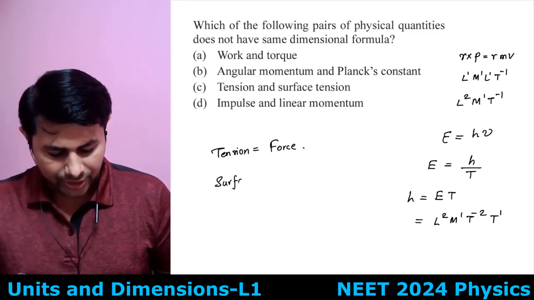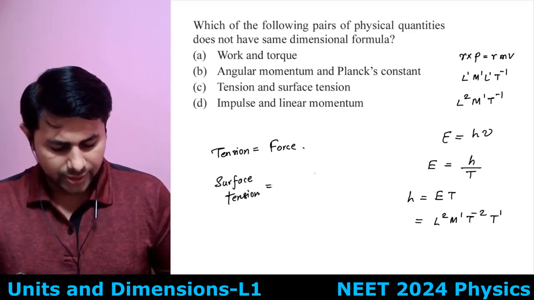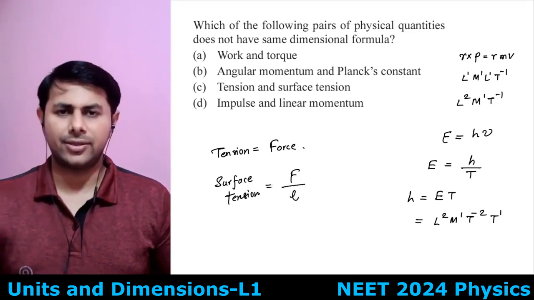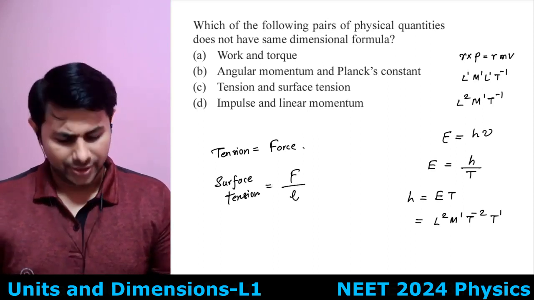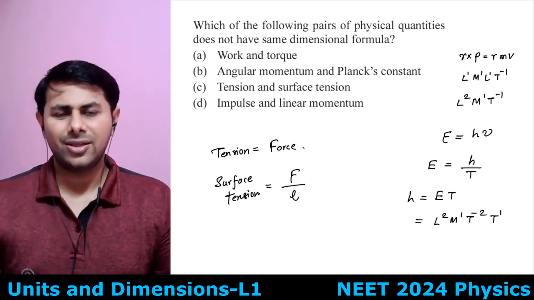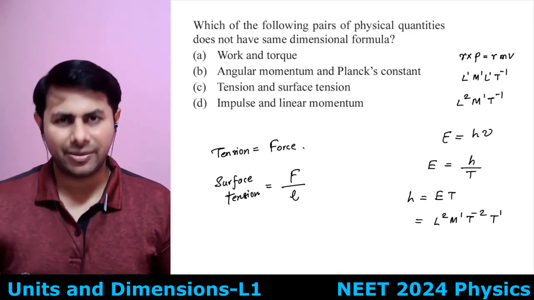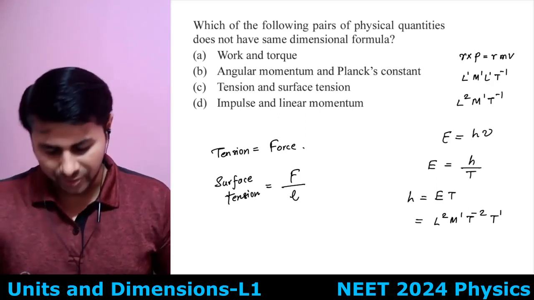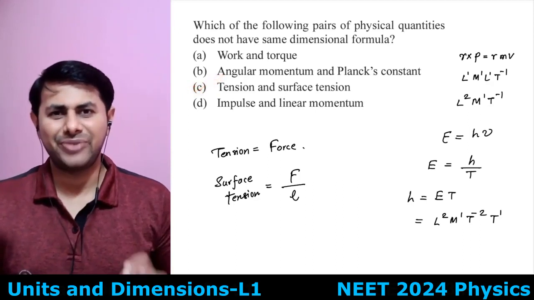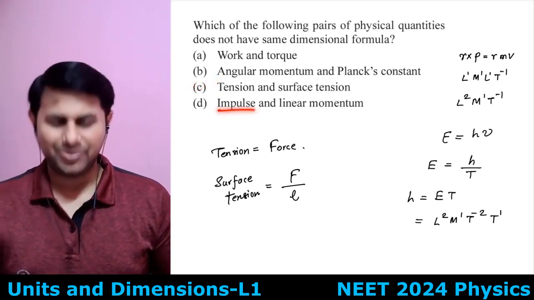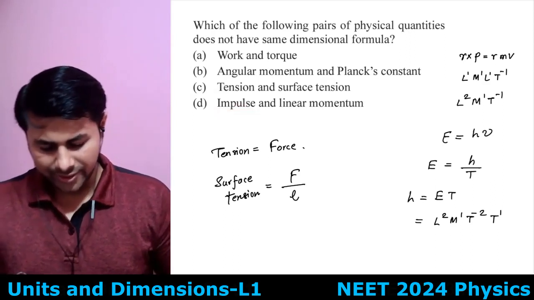Surface tension is force acting per unit length of a liquid surface, a free liquid surface. So definitely one is force, the other one is force upon length. So they can't have the same dimensions, they can't have the same units. So this is the answer. And the last one we don't need to check. Impulse and linear momentum have the same dimensions. So got this?